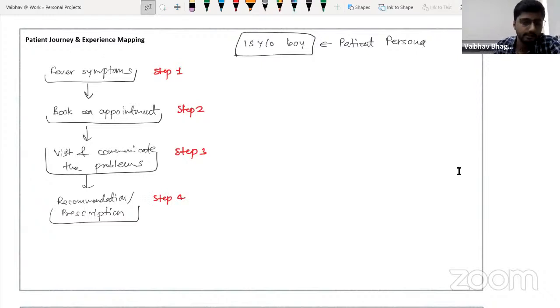Now from here, there are 2 steps which are typically involved. One is that the patient or his family members will directly go to a pharmacy and buy those medicines. Or there will be some tests which need to be conducted so that the doctor can again review the results of the test and then correct the prescriptions or give the prescriptions altogether.